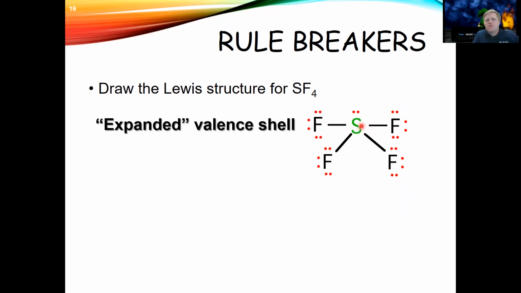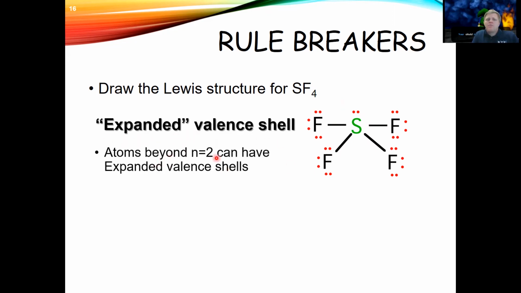But if we look at the central sulfur, it's got 1, 2, 3, 4 bonds and a lone pair, which means it's really got about 10 valence electrons. So we're now saying it's got more than 8 electrons in its valence shell. And this is what we call an expanded valence shell.